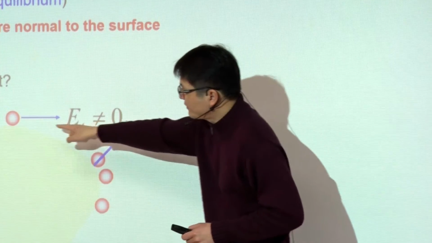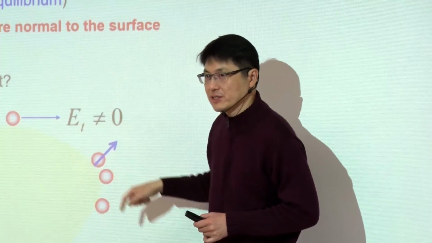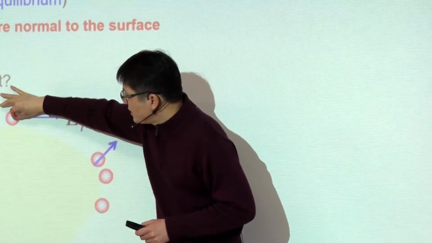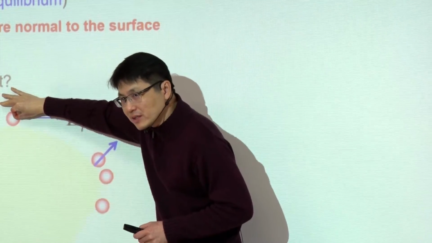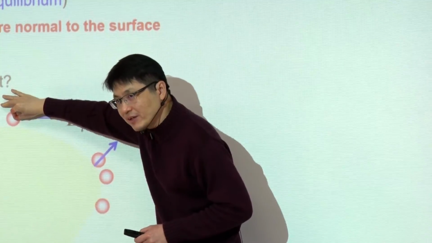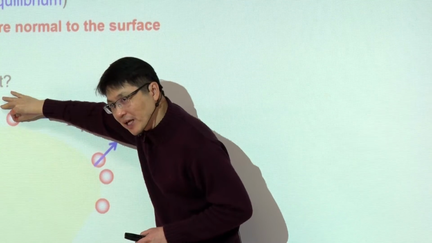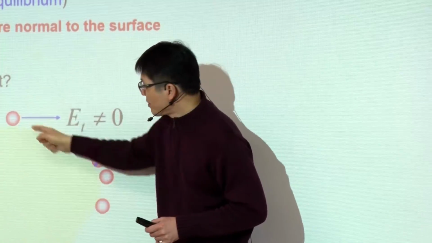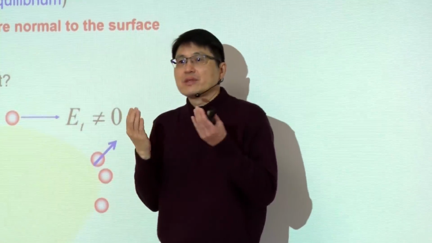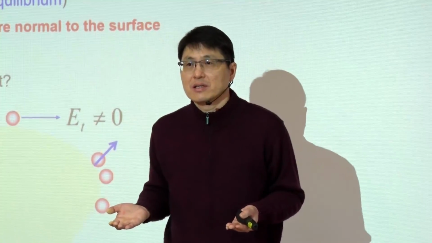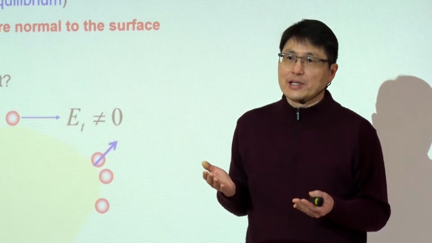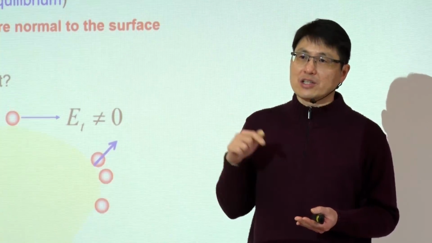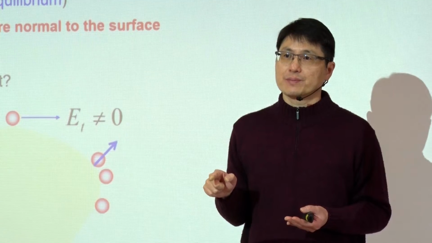So if you have tangential field lines, it means this point has a higher potential as compared to this point. But they are all on the metallic surface. And that really contradicts our understanding of a perfect conductor.